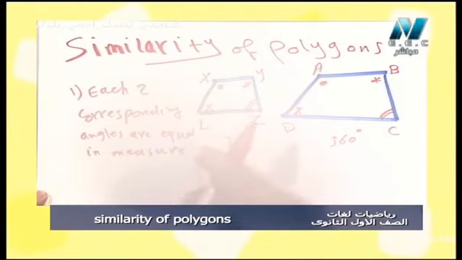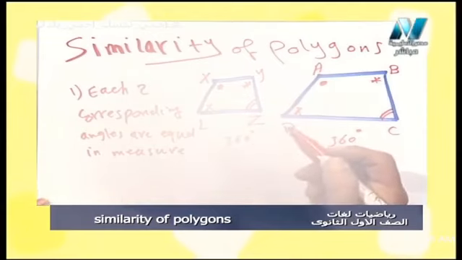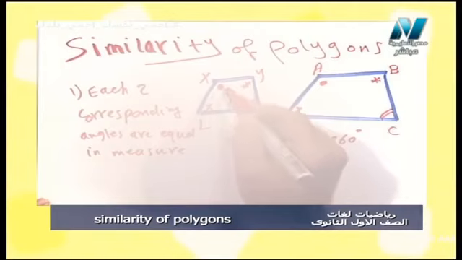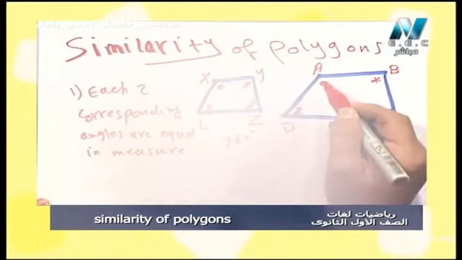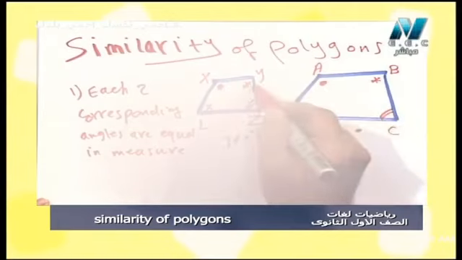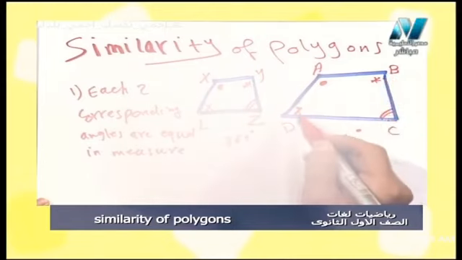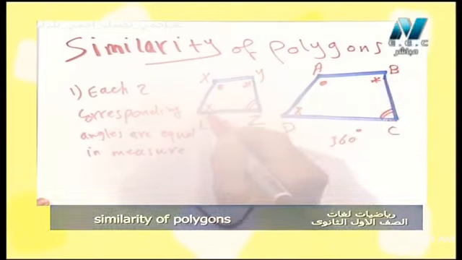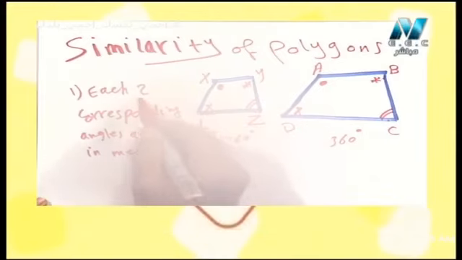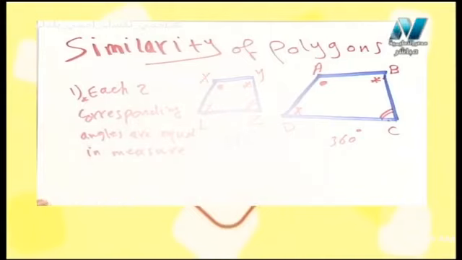What are the corresponding angles? We said that measure angle X equals its corresponding angle A, measure angle Y equals measure angle B, measure angle C equals measure angle Z, and measure angle D equals measure angle L. So the first condition is that each two corresponding angles are equal in measure.